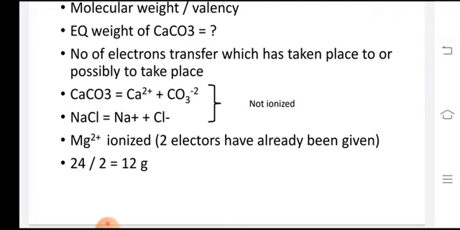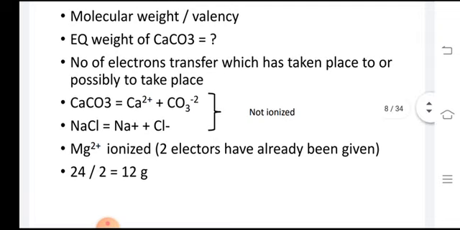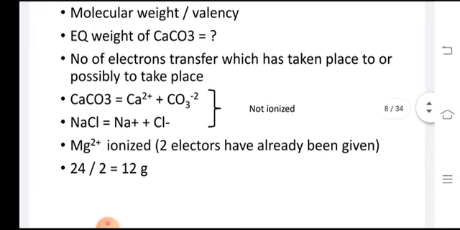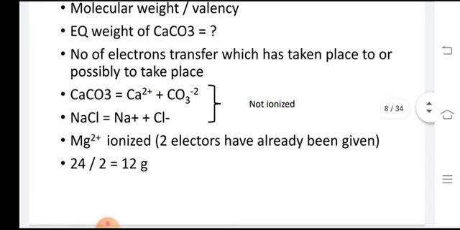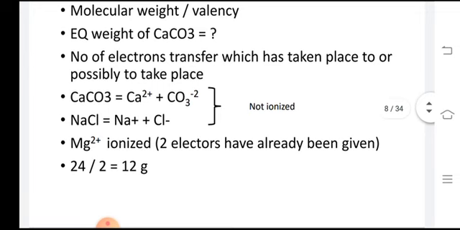So this Mg2 plus will be getting ionized. If you find the equivalent weight, we will simply divide the atomic weight by its valence number, and it will give us 12 gram.